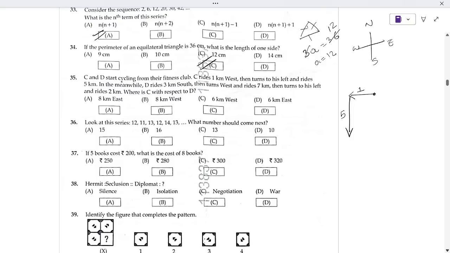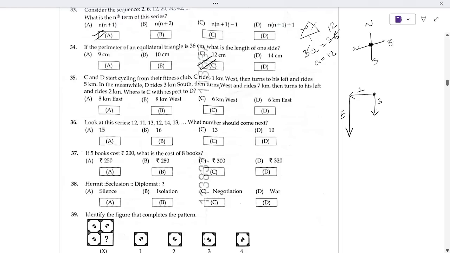Okay, so we start from the fitness club. So the fitness club is here. Then D rides 3 kilometers south, so south is downward. If D is here, and C is here, then 3 is less than 5, so it is upper. So 3 it could be.